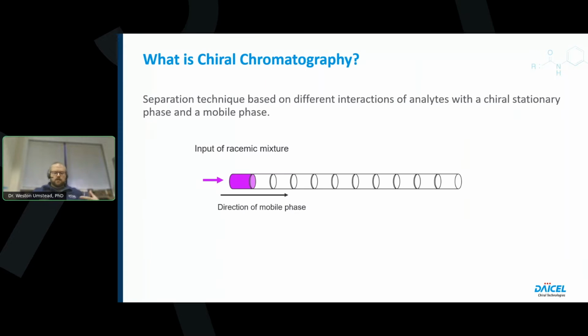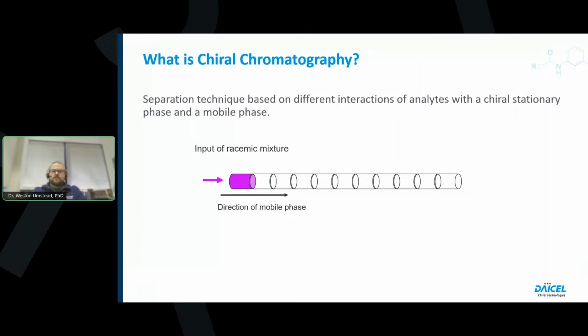So let's put all these different basic definitions together: chromatography, enantiomers, chirality, and specifically say, what is chiral chromatography? It is a separations technique based on different interactions of analytes with a chiral stationary phase and a mobile phase, which you might be thinking sounds exactly like the definition I gave you for chromatography, and it is.